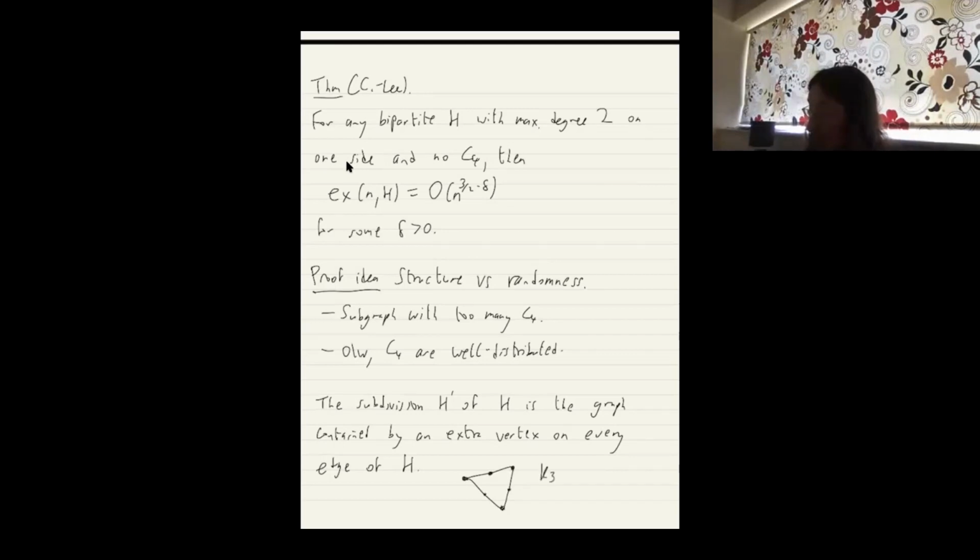So in that case, K3 becomes a cycle of length 6.